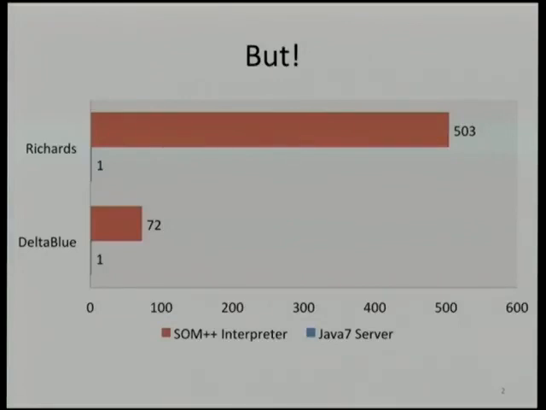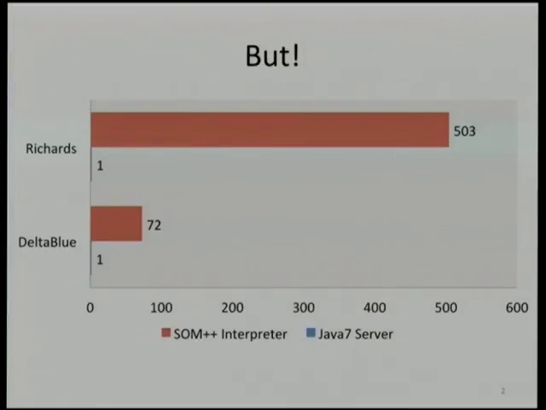They have been used for Smalltalk, JVMs, JavaScript, and PyPy, I think. And you see like 500x slower or 70x slower than Java. Java is, of course, well-tuned, and hundreds of man-years went into making Java fast. And our simple interpreter, of course, can't keep up with that.